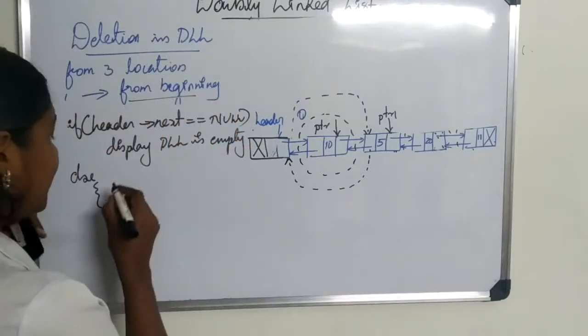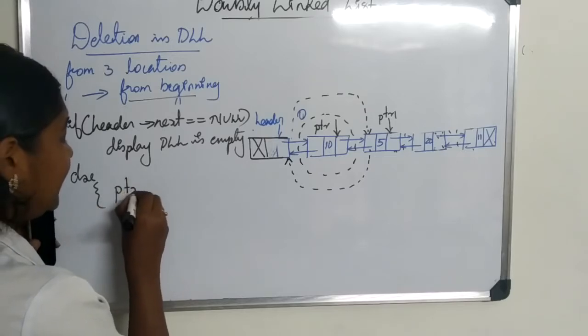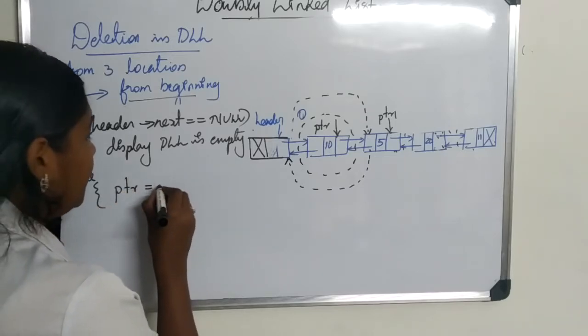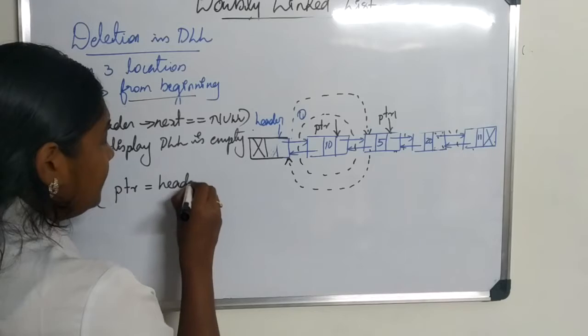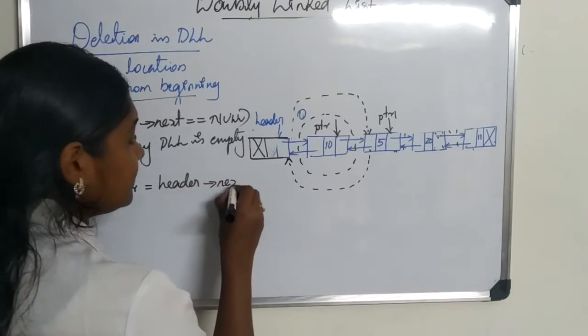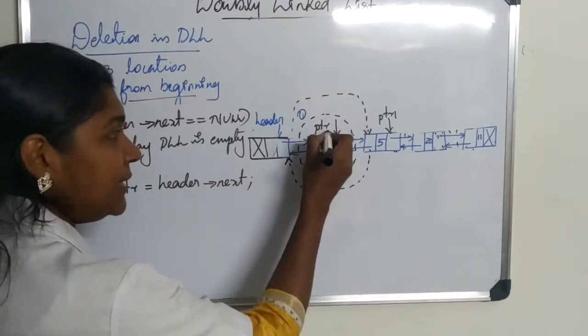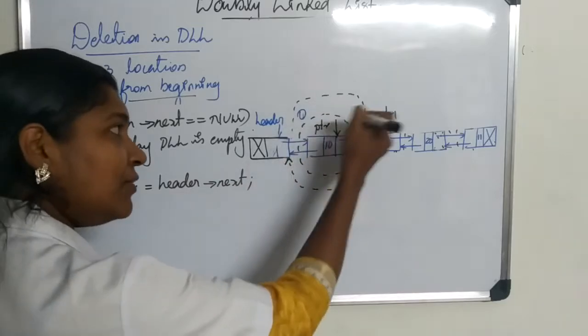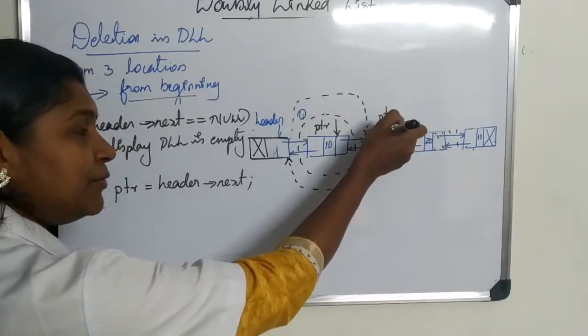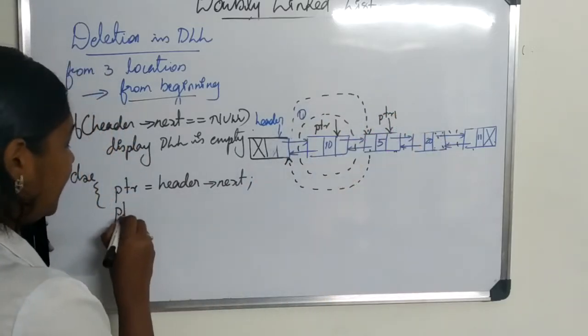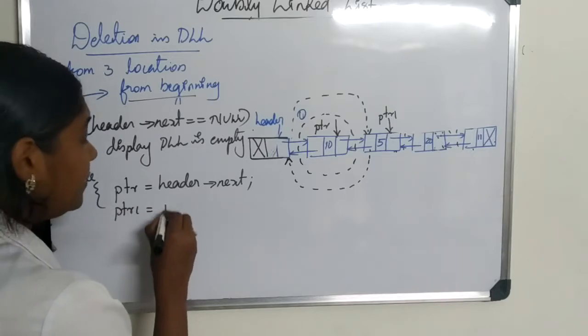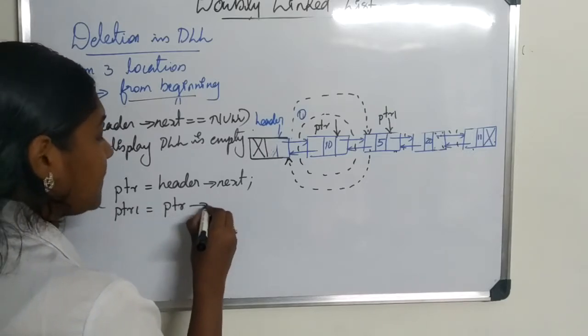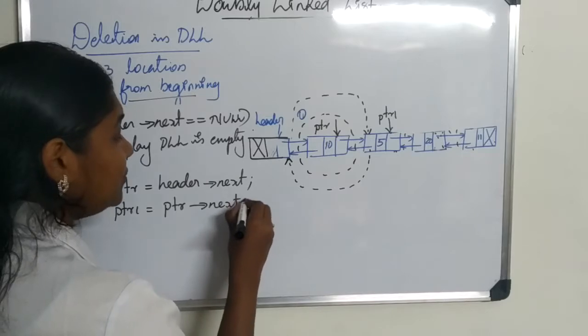In the else part, first we will make PTR equal to header.next. So we made PTR point to this node. Along with that, we will give another name to the next node: PTR1 is equal to PTR.next. That is also fine.